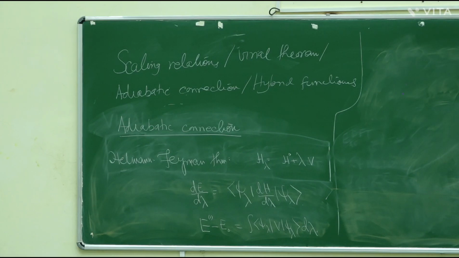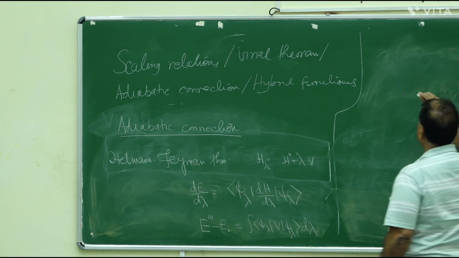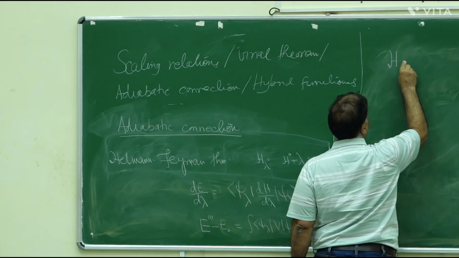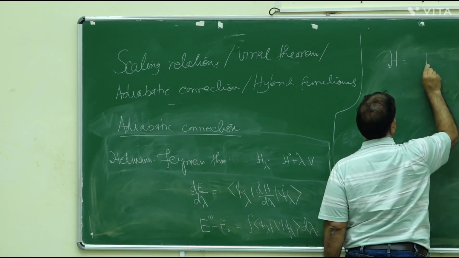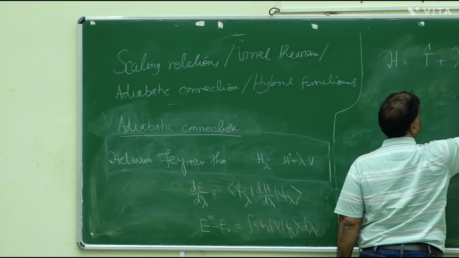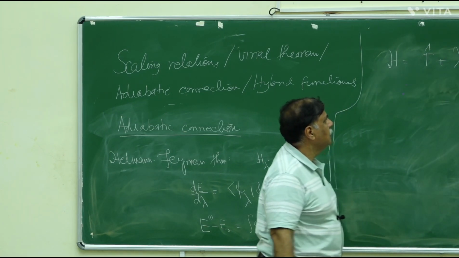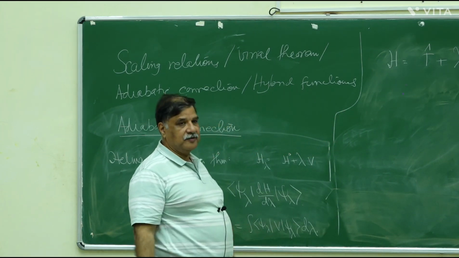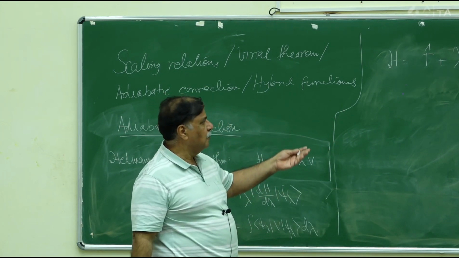Now let's do this V_lambda business in a very particular way. And the way we are going to do it is we take our Hamiltonian, which is the kinetic energy, plus V_ee, changed by a factor of lambda. Now it need not be in this form.